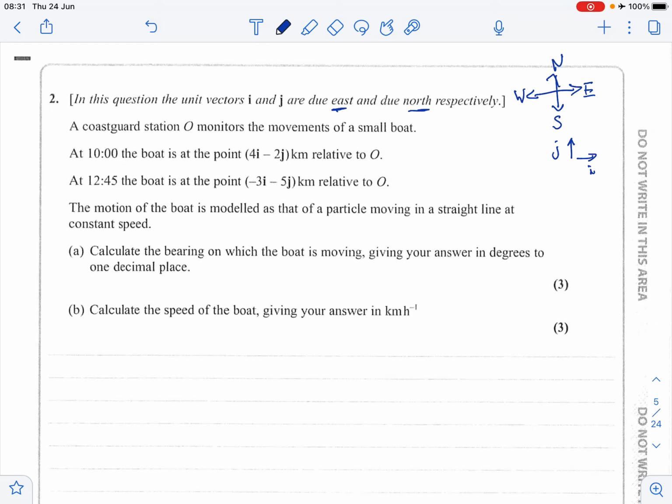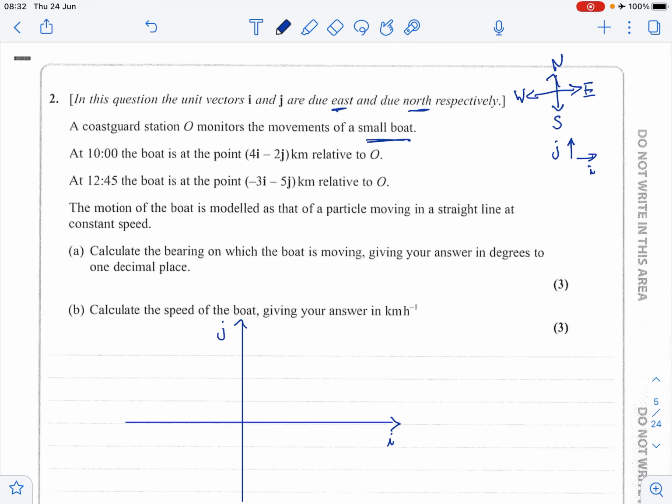So we have a Coast Guard Station O that monitors the movement of a small boat. What I'm going to do is sketch an axis. This direction is i and this direction is j.